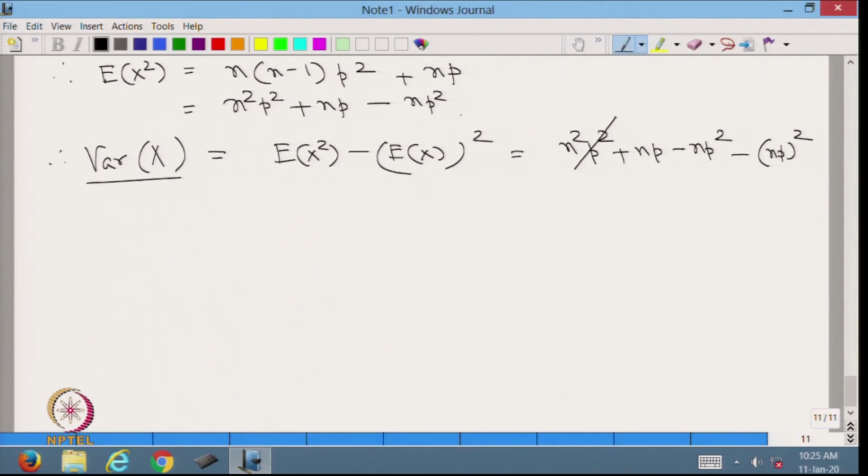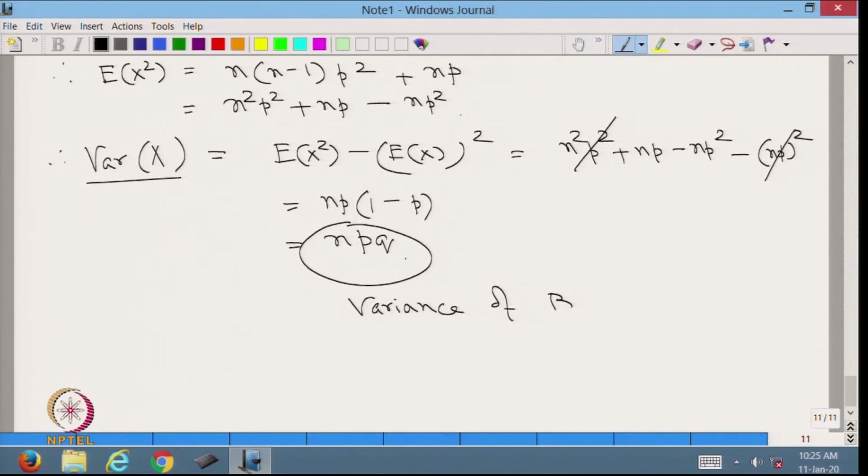So, this cancels with this, and we are left with n p into (1 minus p), which is equal to n p q. So, that is the variance of a binomial (n, p) variable.